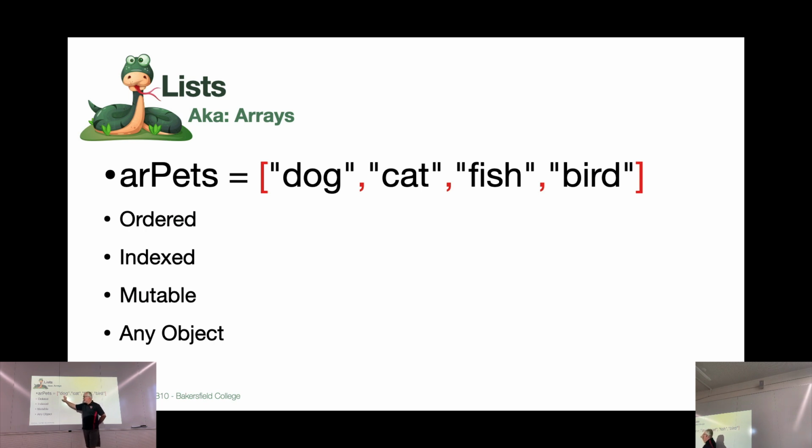You can change it, which is what mutable means. I can add things, I can take things away, I can reorder them. All of that is what mutable means. I can change them. They're just going to stick until I do. And like I said, you can have any object or any type of object in an array.